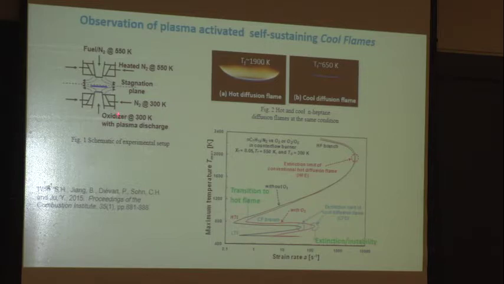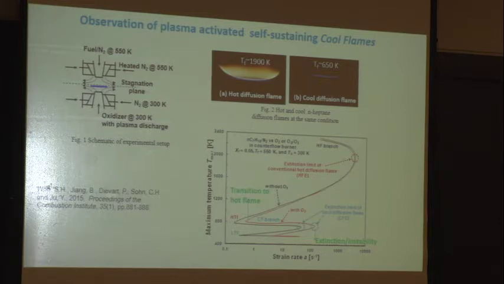And then at the same condition, if you ignite it with a high temperature spark, you create this kind of diffusion flame and generate a lot of soot from the fuel side. If you don't ignite it with a spark, you ignite it with a laser or a low temperature igniter, and you generate this cool flame here, the maximum temperature probably 600 to 700 Kelvin.